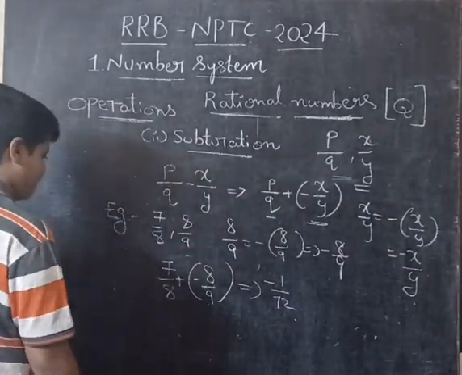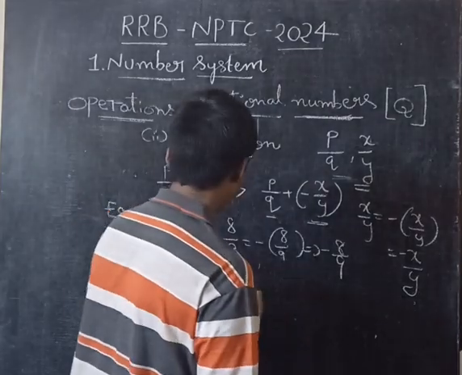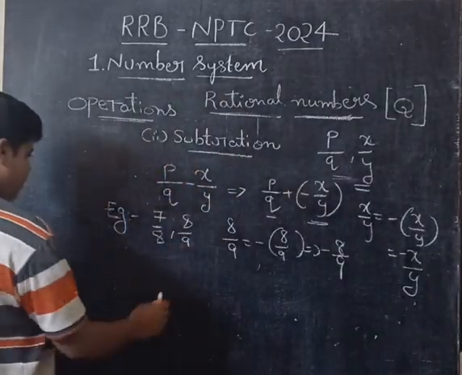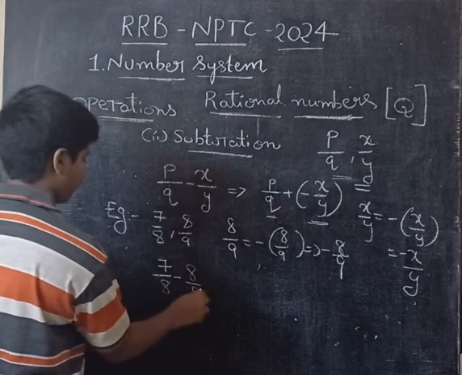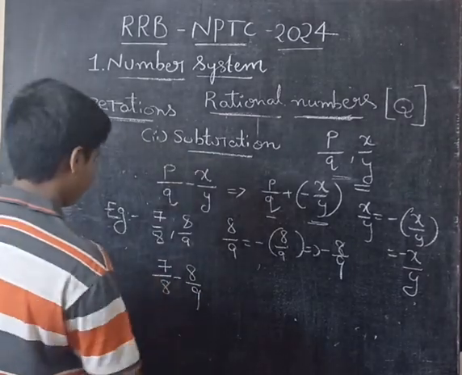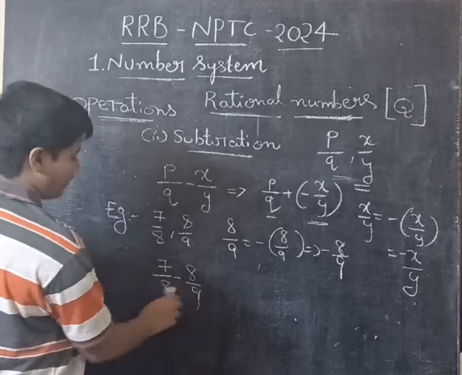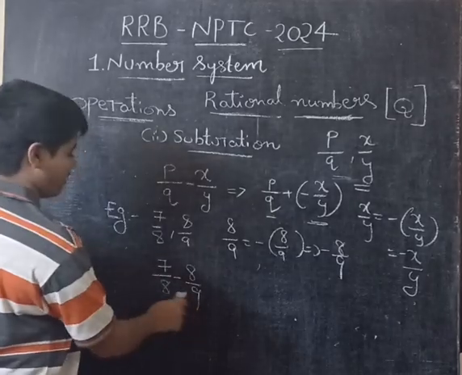Another simple trick: 7 by 8 minus 8 by 9 is the subtraction process. These denominators are different numbers and do not have a common factor.